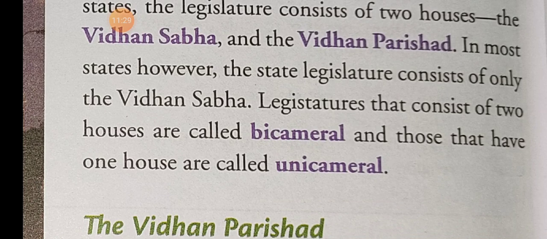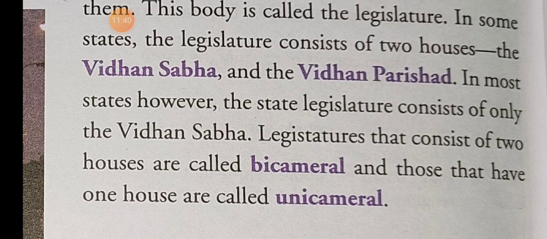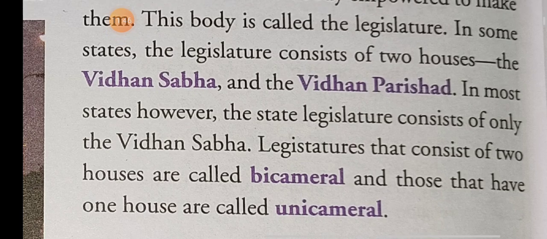A legislature with two houses we call bicameral, and a legislature with one house we call unicameral. So what are the two houses of the legislature of the state legislature, not the central?